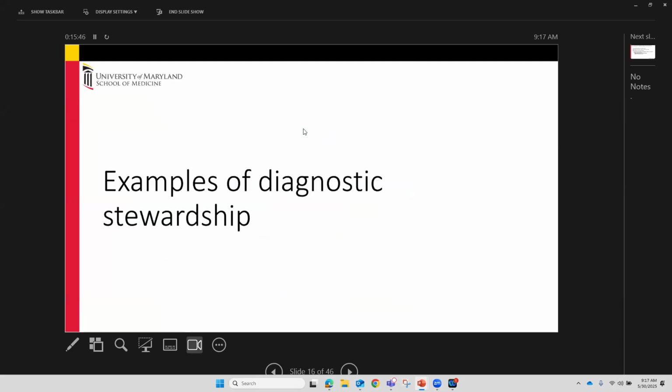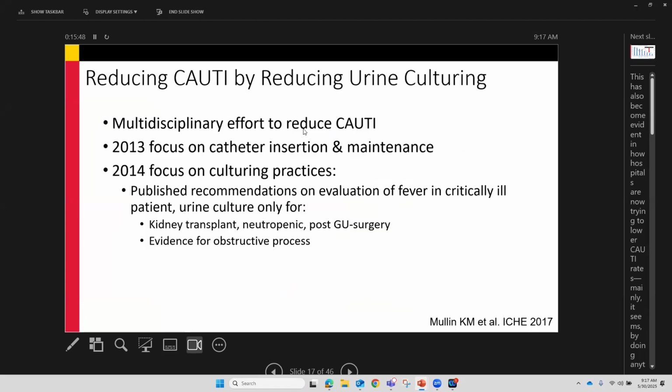All right, so some examples. I know a lot of people deal with C. diff and with urine cultures, and I think it's one of the low-hanging fruits for diagnostic stewardship. So this is an early article that I'm highlighting, back when I think people were figuring out how you can change testing and the impact it has. This was from Cleveland, and they had a multidisciplinary focus to reduce C. diff rates.